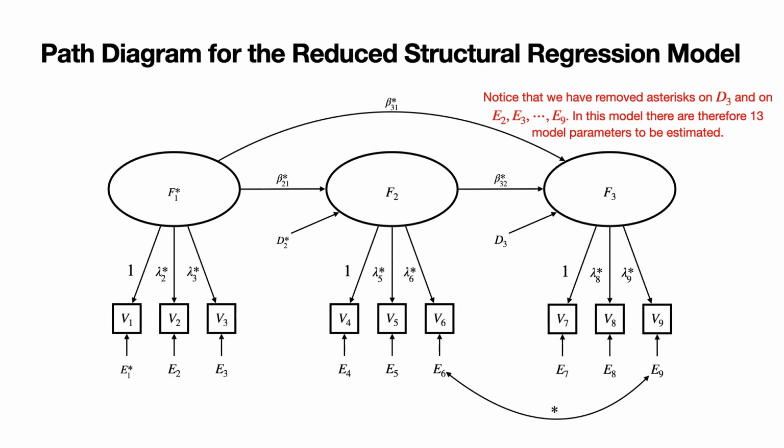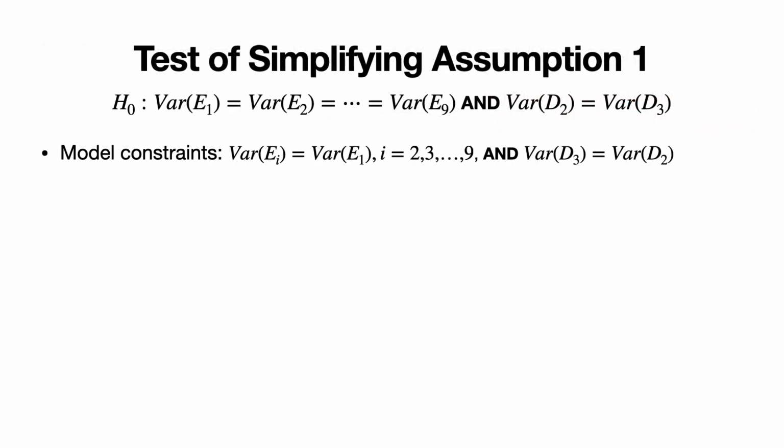Here is a path diagram for the reduced structural regression model. Notice that we have removed asterisks on D3 and on E2 through E9. And so in this model, there are 13 model parameters to be estimated. And so the constraints that will be imposed on the model are that the variance of E sub i, going from 2 up to 9, is equal to the variance of E1, and the variance of D3 will be set equal to the variance of D2.